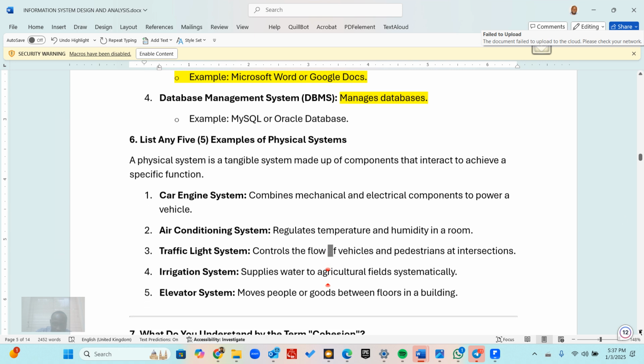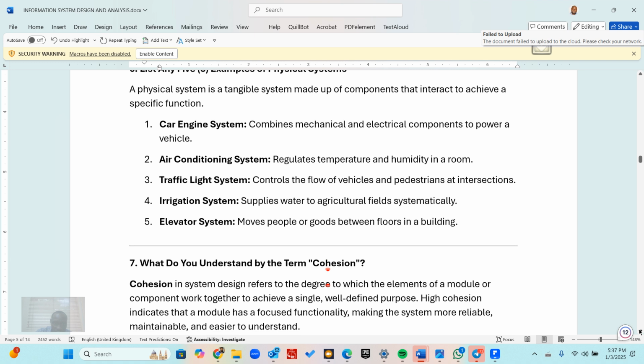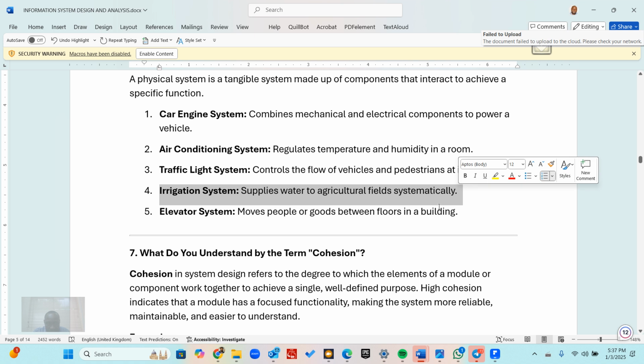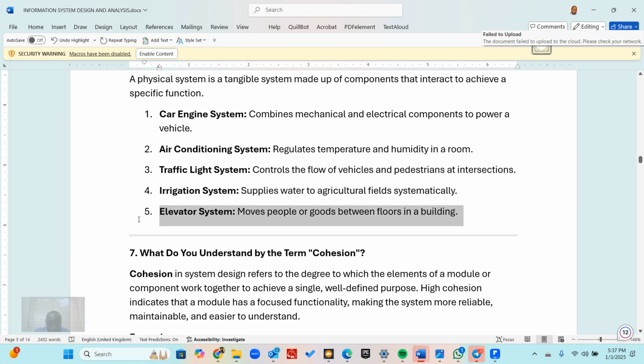We have the traffic light system, which controls the flow of vehicles and pedestrians at intersections. We have the irrigation system, which supplies water to agricultural fields systematically. We have the elevator system, which moves people and goods between floors in a building.